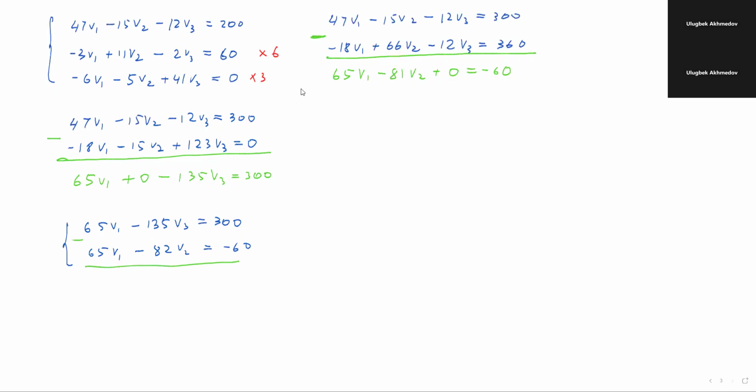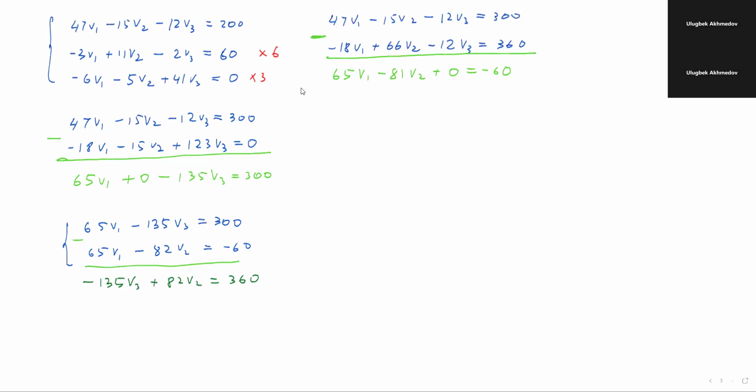That gives us a relation between V2 and V3. So these two disappear. We don't really need 65V1, 65V1 is gone. Negative 135V3 plus 81V2 equals 360.